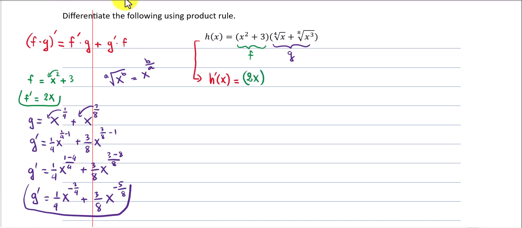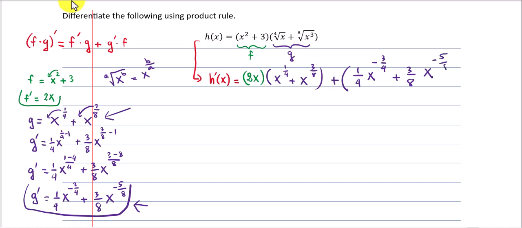And then my g function is x to the 1/4 plus x to the 3 over 8. And then we add g prime, which is the function we just got down here. It's a long expression, 1 over 4 x to the minus 3 over 4 plus 3 over 8 x to the minus 5 over 8.